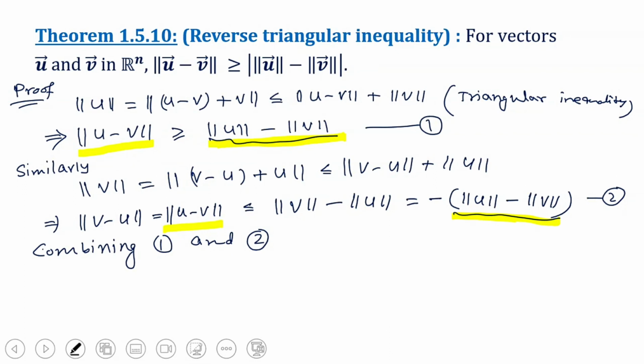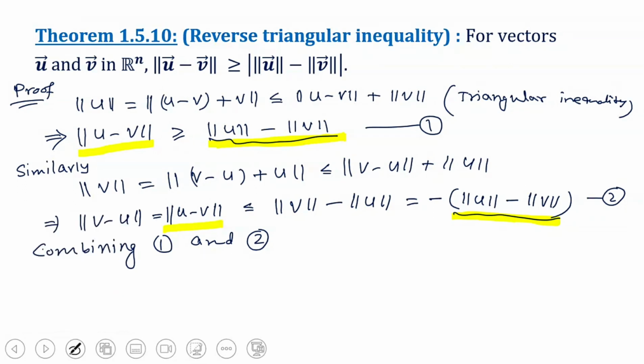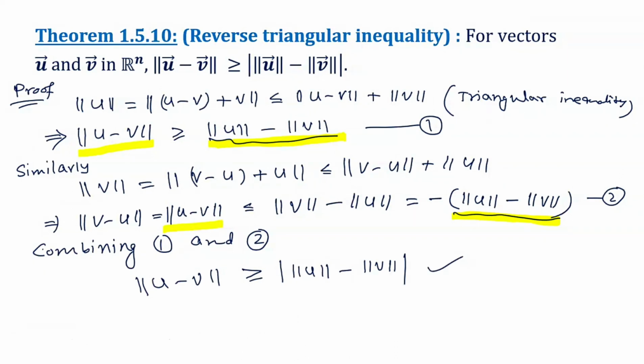So these two parts will give us the absolute value. Therefore, these two combined give you that the norm of u minus v is greater than or equal to the absolute value of the norm of u minus the norm of v, and this proves the reverse triangle inequality.